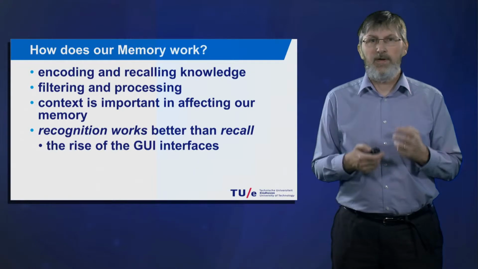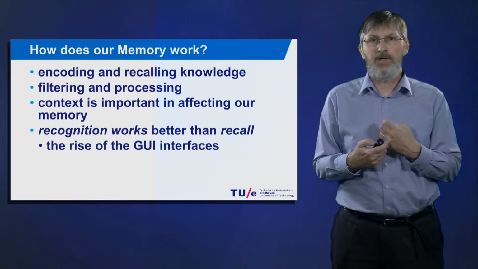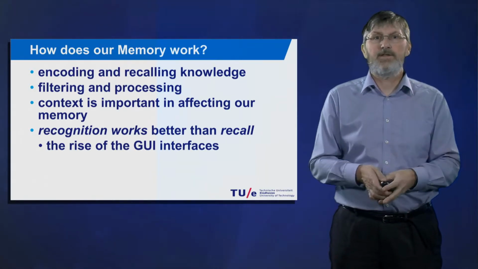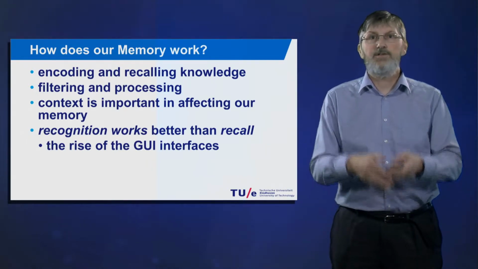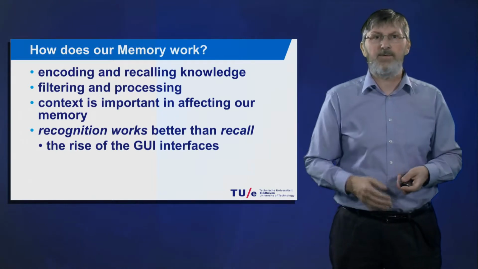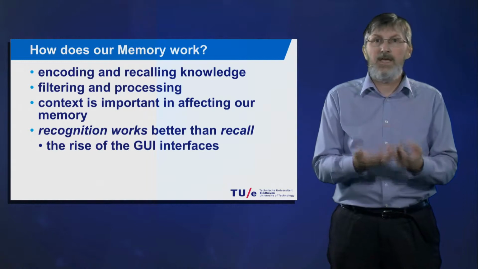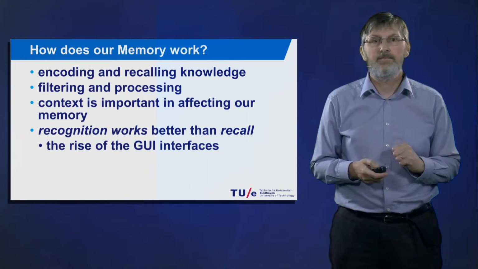Generally, we are better at recognizing something than to recall it from memory. And that's what gave rise to the graphical user interfaces, which show us the options that are there. We only need to recognize the one we want. We don't have to recall names of commands from memory to then type them in.